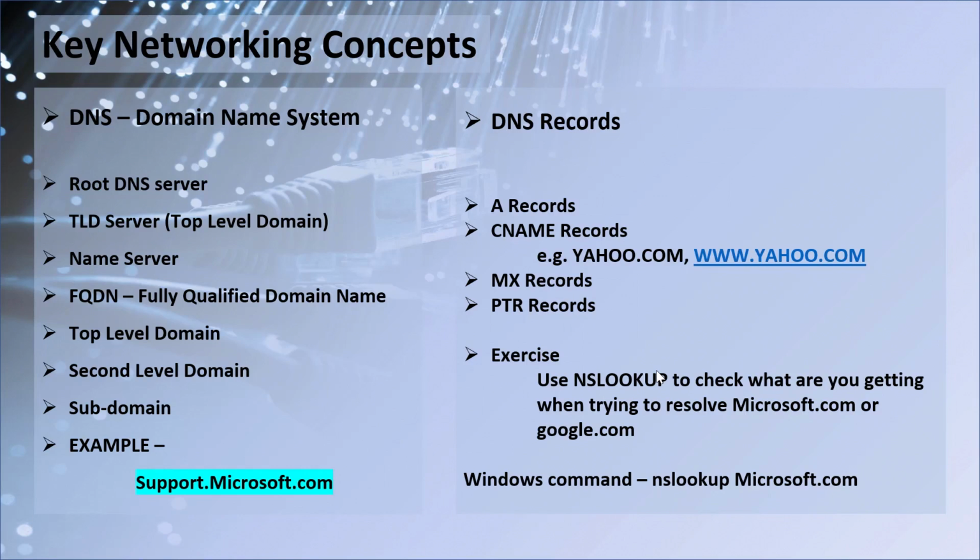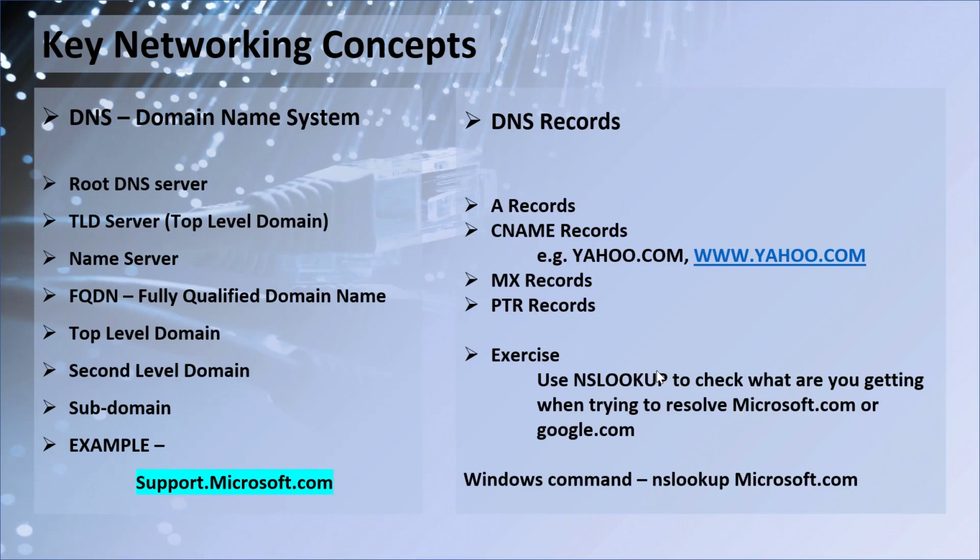And then we have the MX records. MX records point to the mail exchange servers for that particular domain, which deliver and receive the emails for that domain. And then we have the PTR records. PTR records are the reverse of A records.